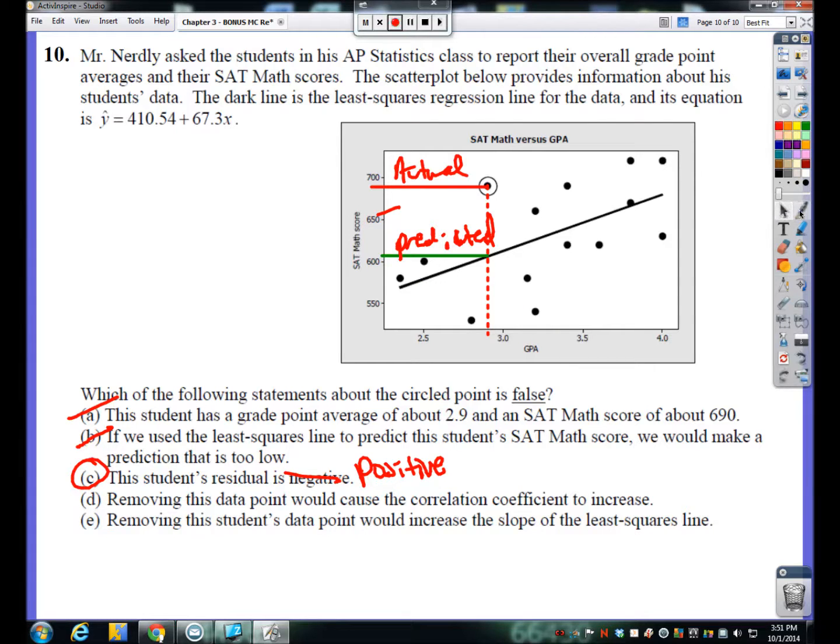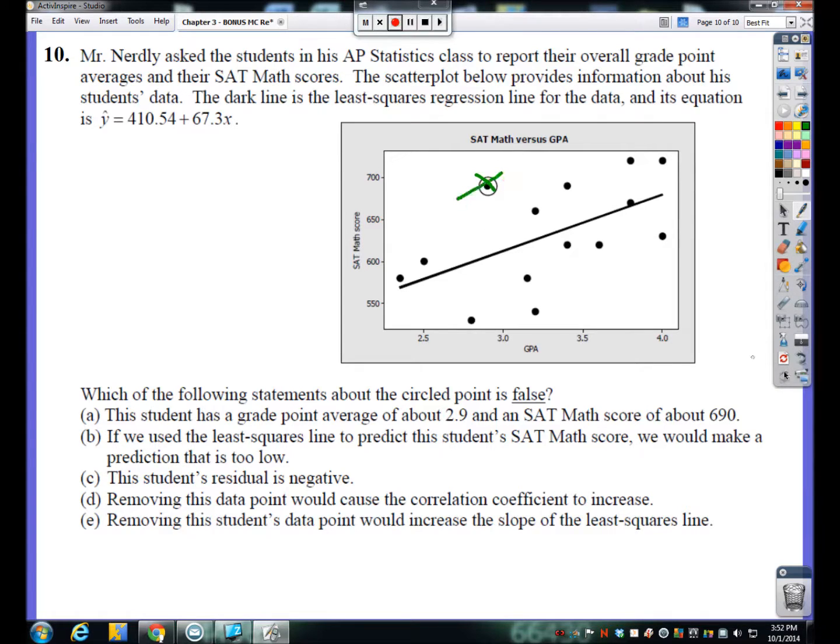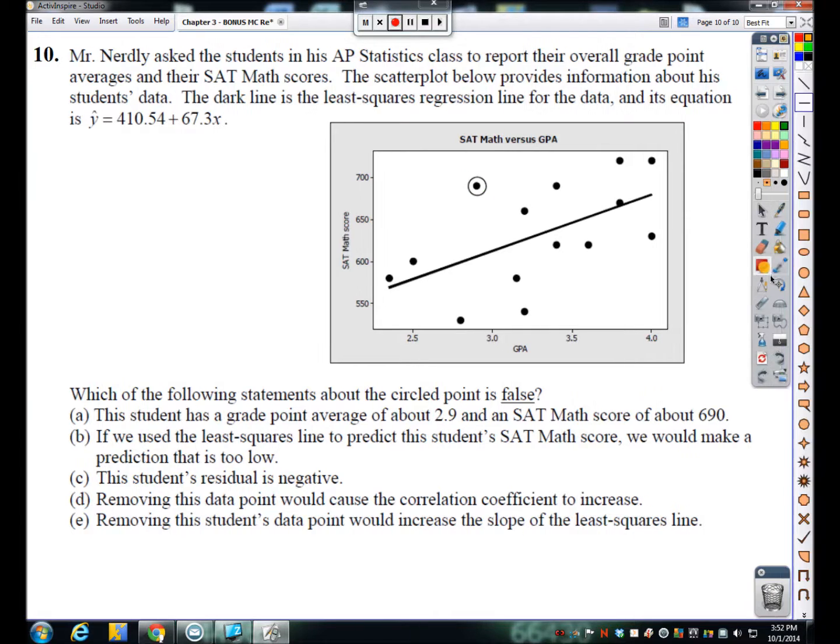So let's look at the other two just to make sure, and see why they are true. Removing this data point would cause the correlation coefficient to increase. So let me get rid of all these here. If we were to knock out this point, would that cause R to increase or decrease? Well, what we need to consider is how far off it is compared to all the other points.